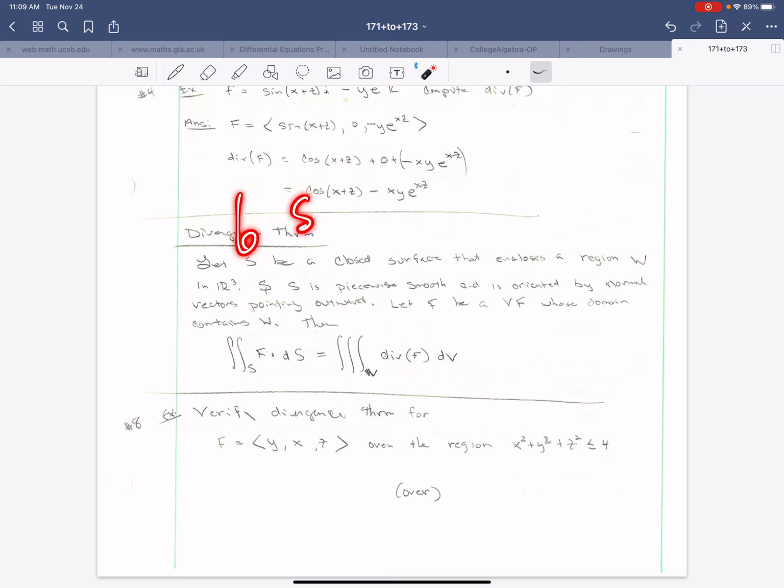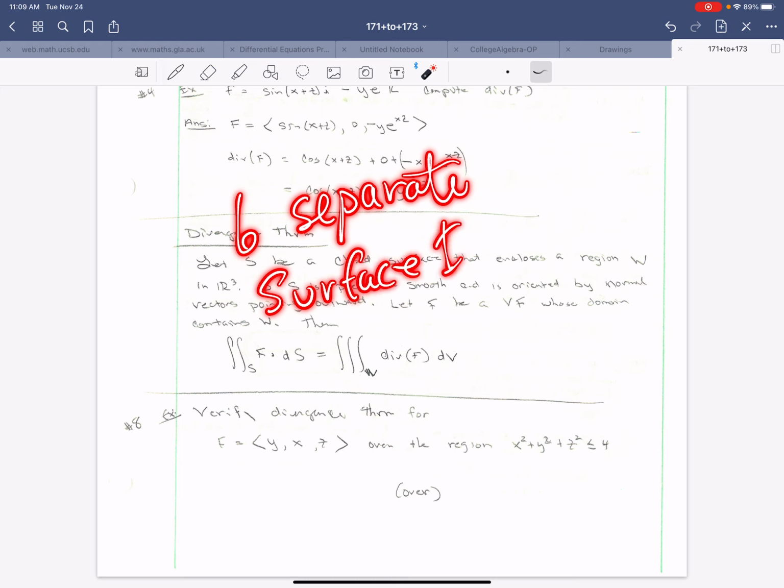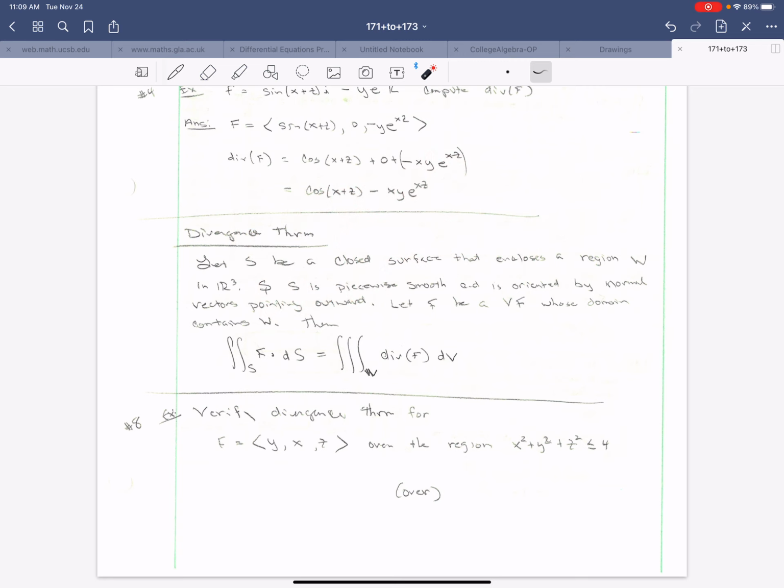You have to do 6 separate surface integrals, one for each face, if you did it this way. But using the divergence theorem, you can trade it out for a triple integral of the divergence.